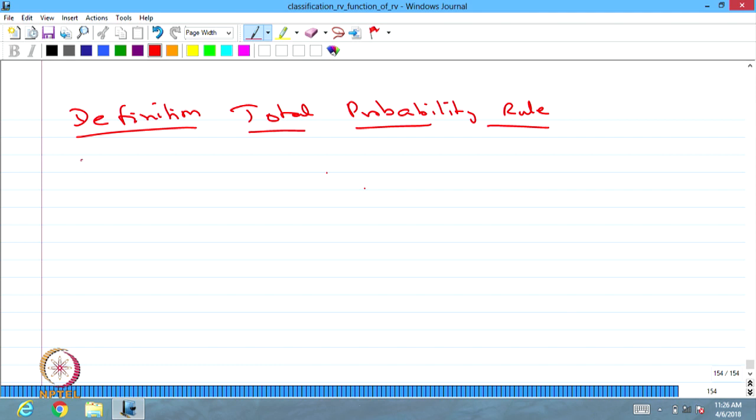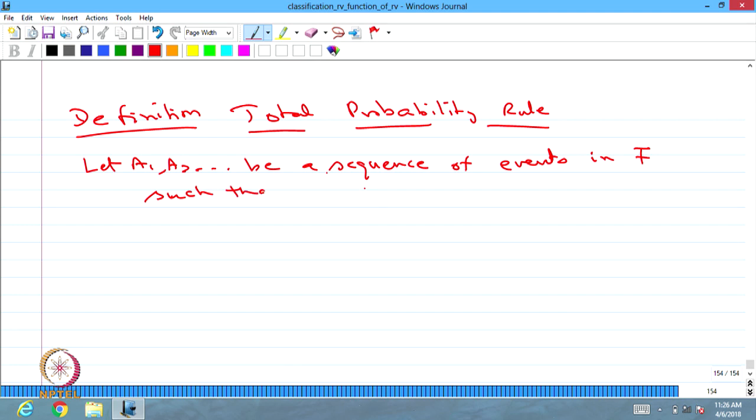What it says: let A1, A2, and so on be a sequence of events in F such that Ai intersection Aj is empty.